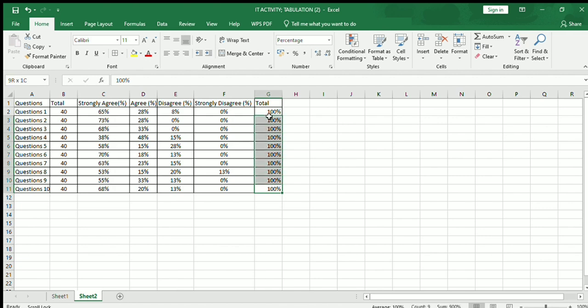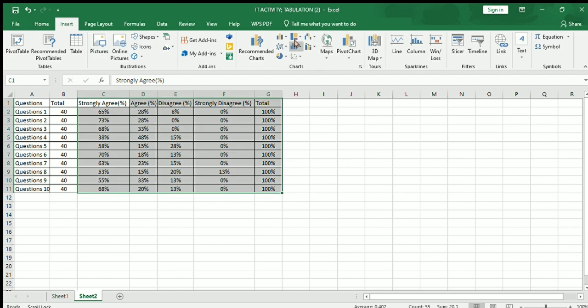After you put all the data on the table, now we will make a graph. First thing you will do is highlight the strongly agree, the percentage, the answers of agree.